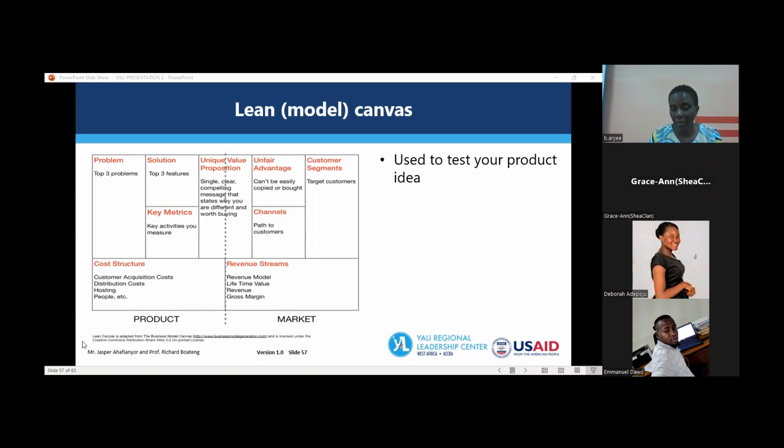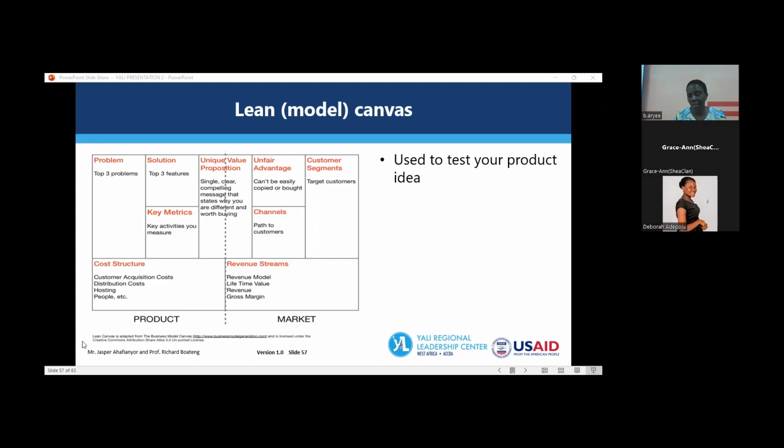Then we had channels already from last time, the path to the customers. In this case, you are going towards them. So as a new setup, you're going around asking people, since nobody knows it at this point in time, would you like to try? Until the first person tries, and then later they start coming to you to say, can I buy? Then I'm saving this one for last.